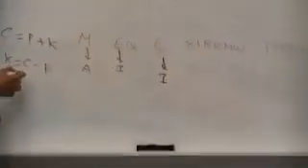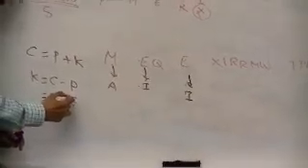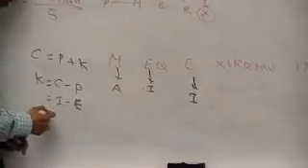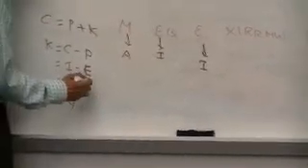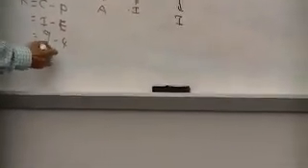Here ciphertext is I minus E. I is 9, and E is 5. So the key is 4.